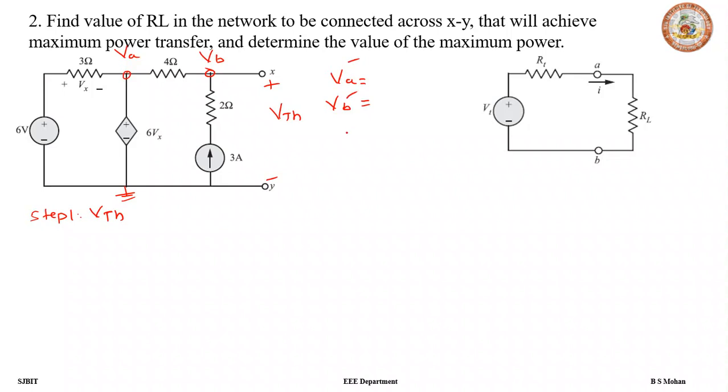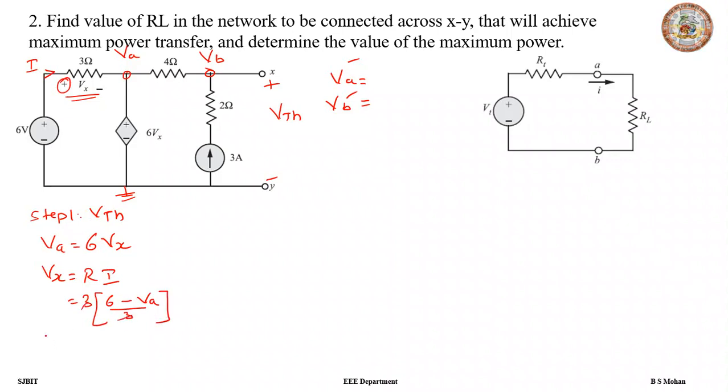But if you inspect, we can associate VA as 6Vx. However, what is this Vx? You can see here they've given us Vx. So let's assume the current going in this direction as I. By Ohm's law we can write Vx as R into I, and assuming the current hits positive, it is plus R into I. The value of R is 3 and the value of I by node voltage analysis is 6 minus VA whole by 3.